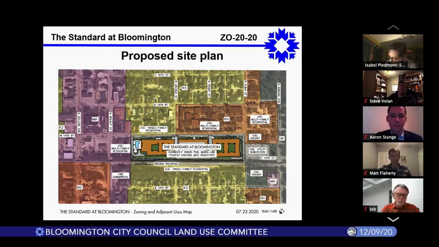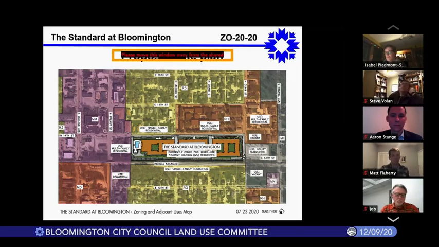So the first step here is to go forward with the rezoning approval and then come back later with a site plan approval. So they have given us a conceptual site plan just to kind of show how the site would be laid out. So we did look at that just kind of conceptually and verified that it looked like it would be possible to meet the UDO standards. We did not do a full in-depth site plan analysis as we just didn't have all those details. But they have shown us some of the concepts of how the site would be designed.